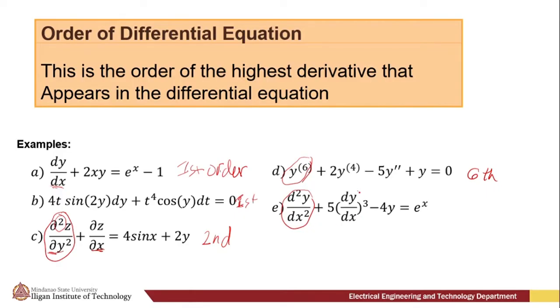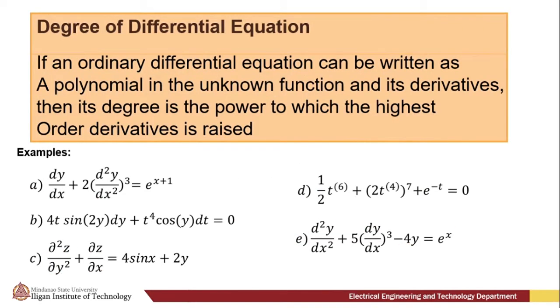Even though this dy over dx is raised to the power of 3, it is still first order. This one is first order and this one is second order. So, entirely, this equation is a second order differential equation.